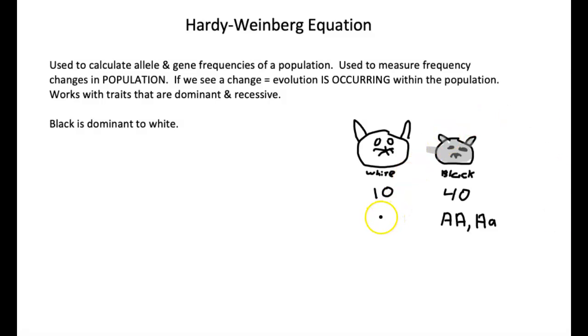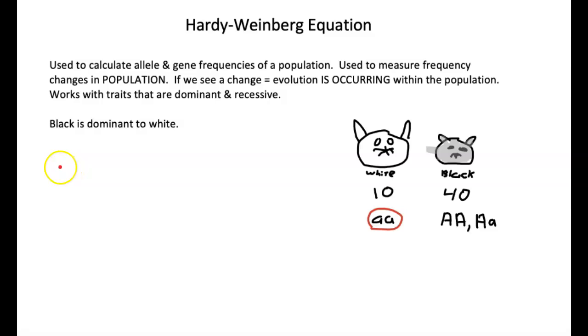The white cats, however, since we've established this is a recessive variation, I know any white cat will have two little a's. Little a. That's the allele frequency, or the alleles responsible for white cats.